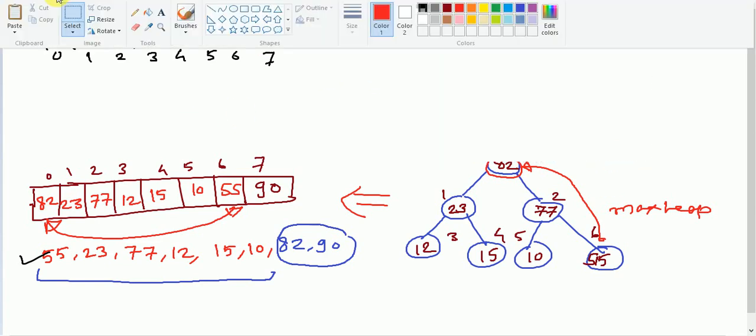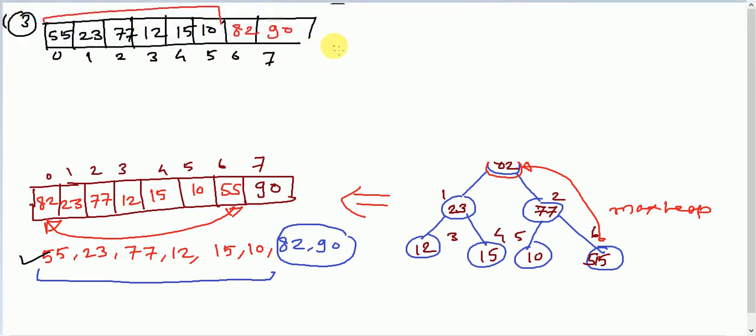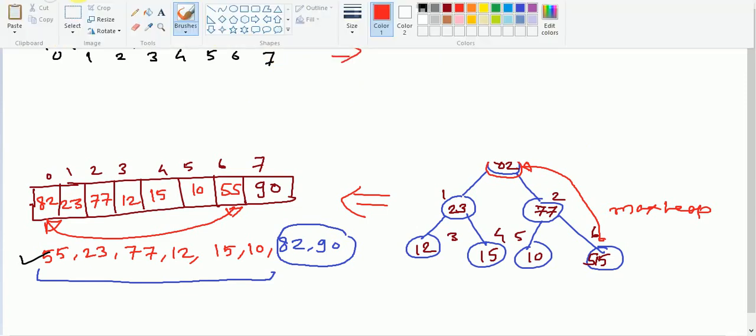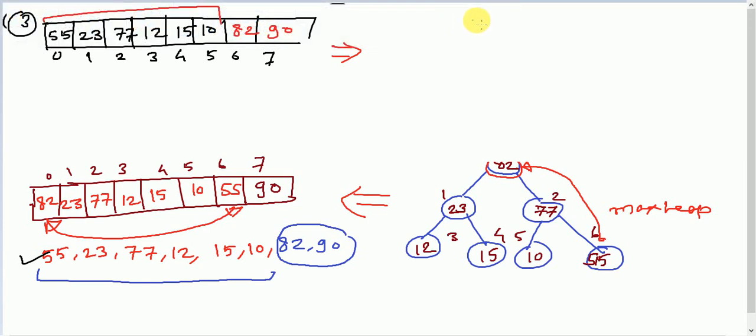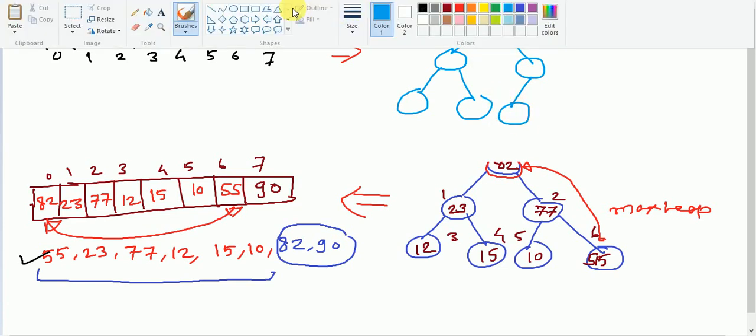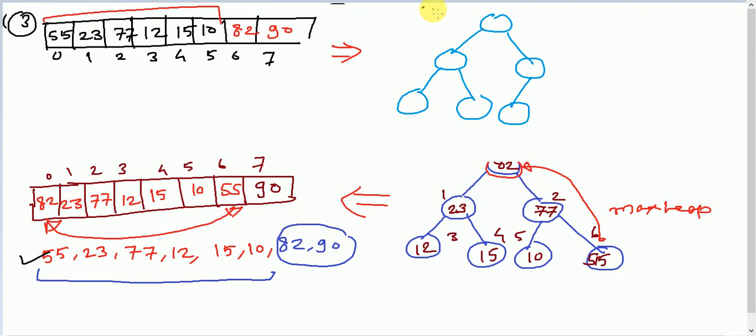For this part, the heap will get constructed like this: 0 index, first index, second index, third index, fourth index and fifth index. The values here are 55, 23, 77, 12, 15 and 10.